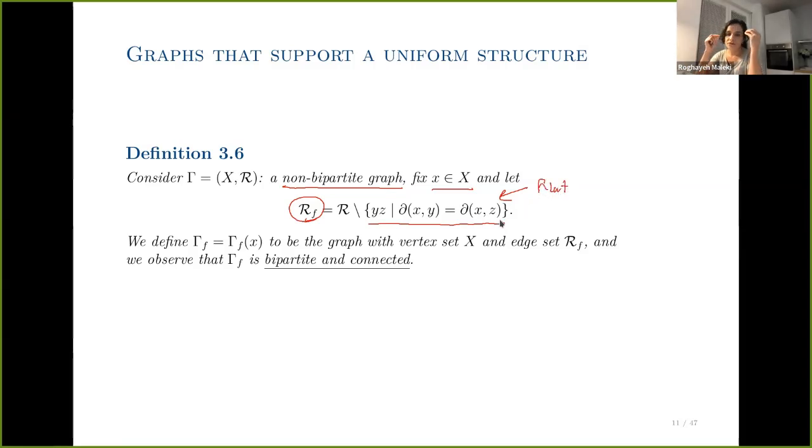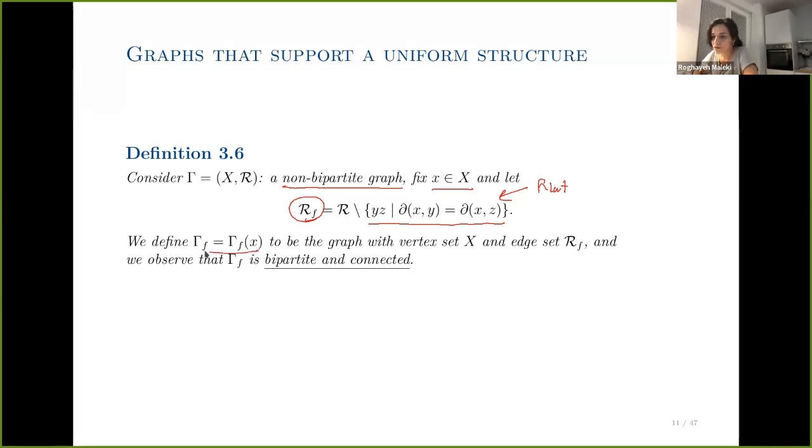So imagine you fix a vertex x in your graph, and the distance between y and x and z and x is the same, and y and z are adjacent. And then you remove the edge between y and z. So you do that for all such vertices in your graph. In fact, by doing that, you are removing all odd cycles in your graph, and you make your graph bipartite.